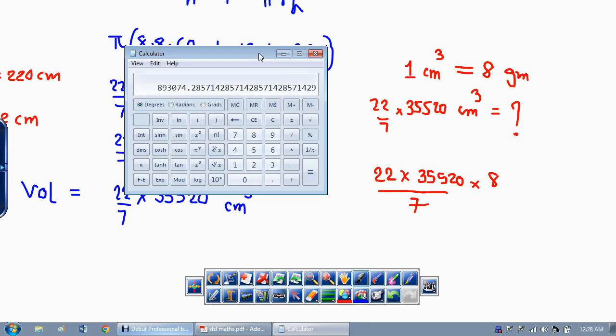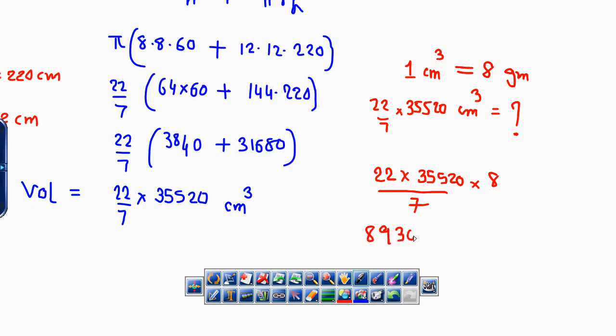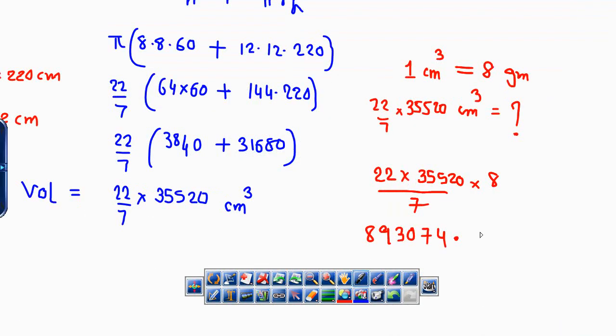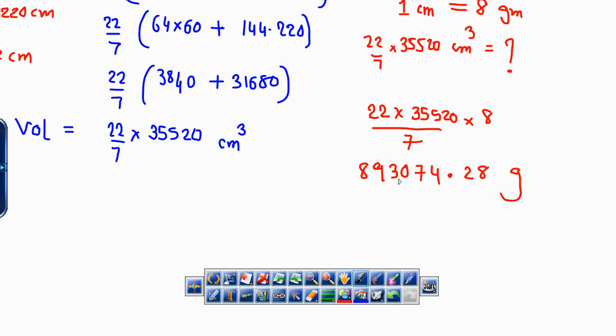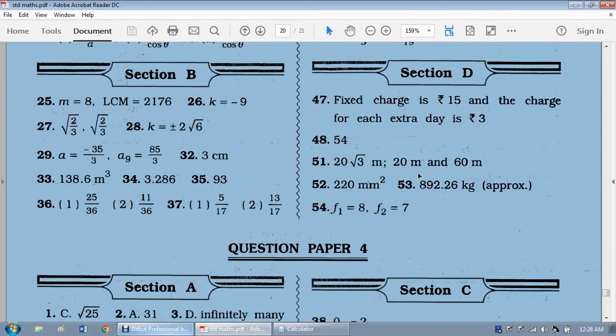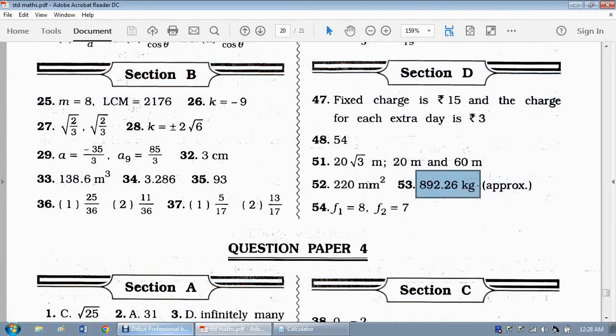आंसर इज 893074.2857 grams. बट हज़ारों ग्राम लाखों ग्राम की जगह पे 3 डेसिमल प्लेसेस शिफ्ट कर दो तो 893.074 kg हो जाएगा. आंसर इज 892.26 kg.